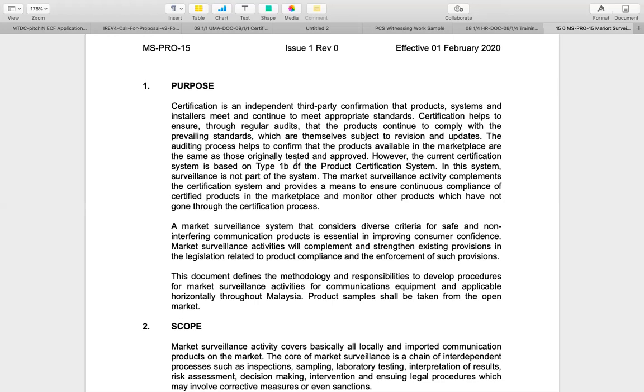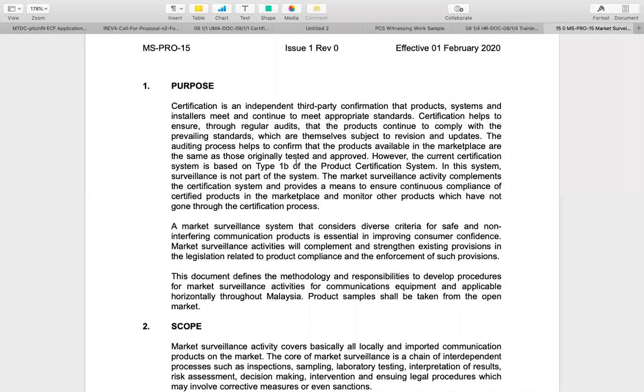So this is one of the reasons why we need to do market surveillance. We need to ensure that the products placed on the market are still in continual compliance with the prevailing standards, the regulations, and our certification requirements.